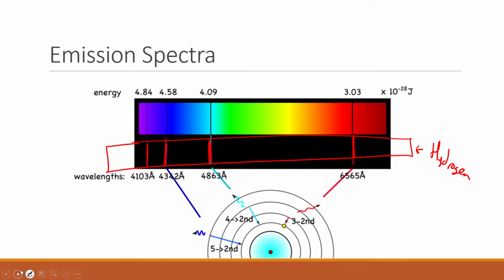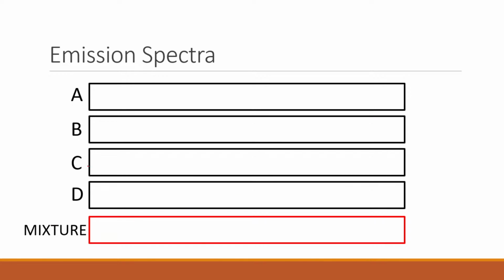And what this allows us to do is look at 4 different elements and compare it to a mixture. And say, well, if I know the lines for A, B, C, and D, and I look at the mixture, I should be able to identify if A or B or C or D is in my mixture.